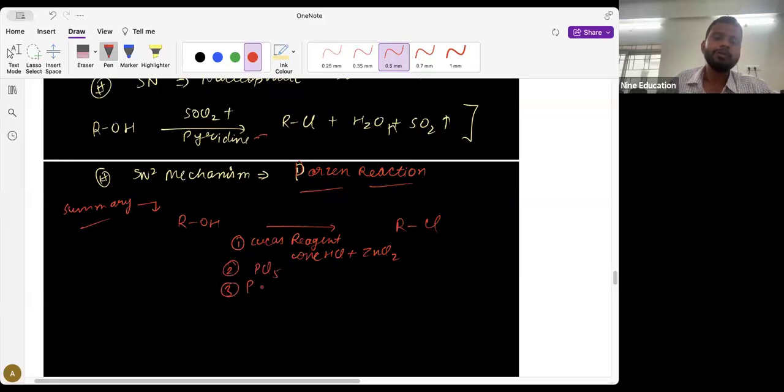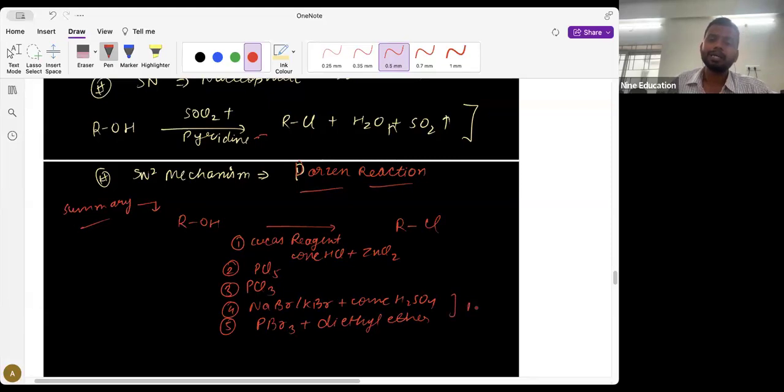The third method was you can use PCl3. Fourth, if you want to prepare bromides, you can use NaBr or KBr in concentrated H2SO4. Fifth method was you can use PBr3 plus diethyl ether, to make bromides, RBr. And all these three you can make RCl.